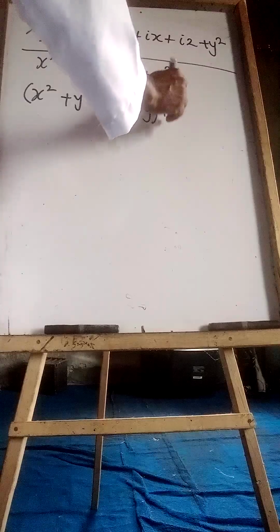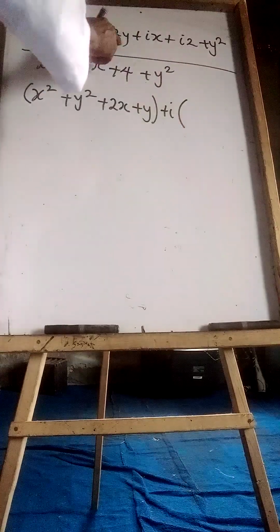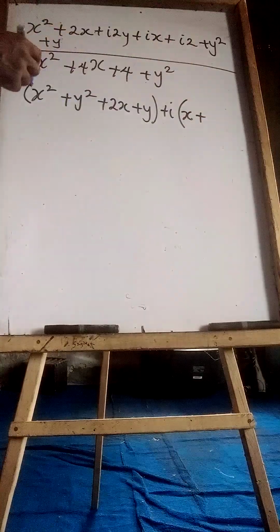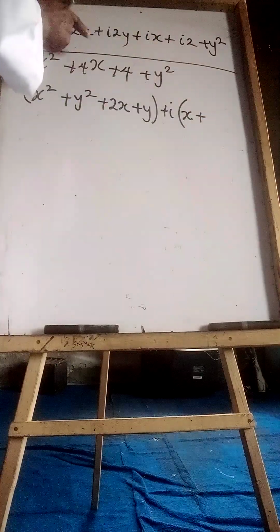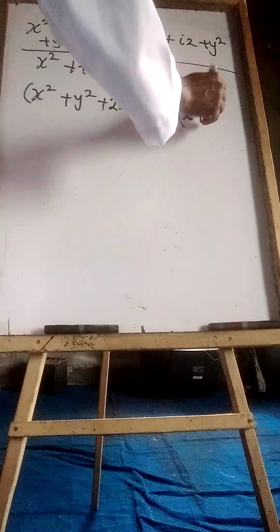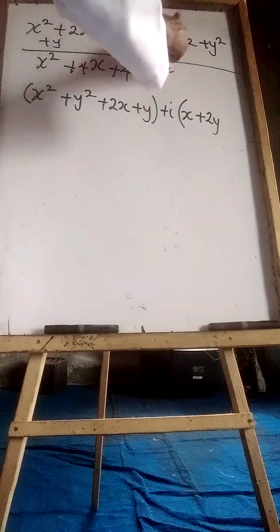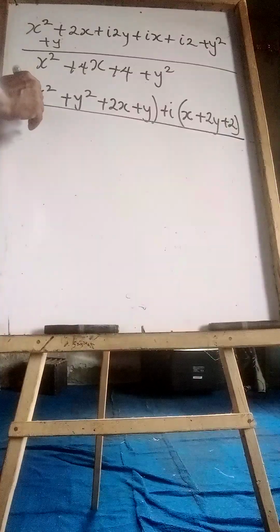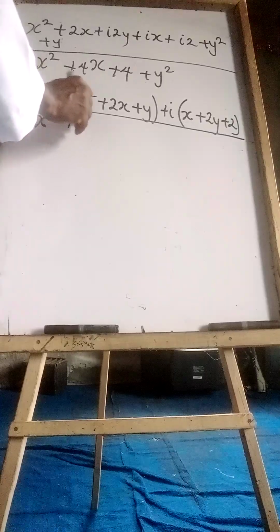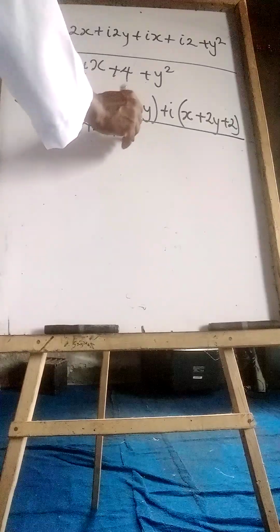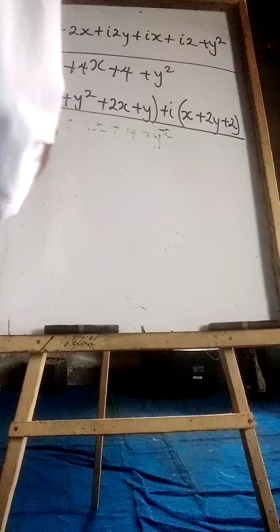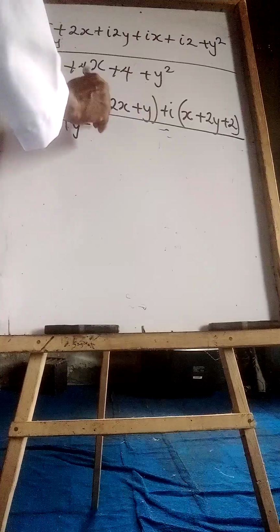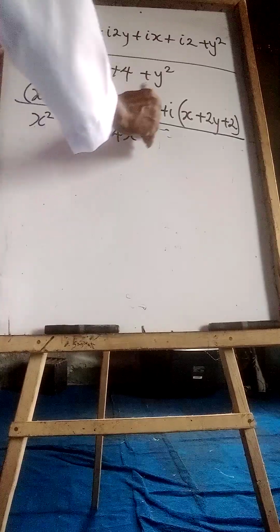That will be plus i into bracket x plus x plus 2y plus 2, all over x squared plus y squared plus 4x plus 4. Let me rearrange it.